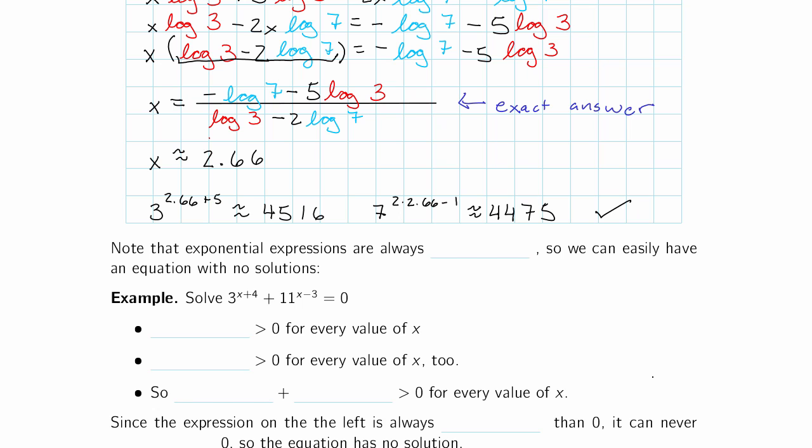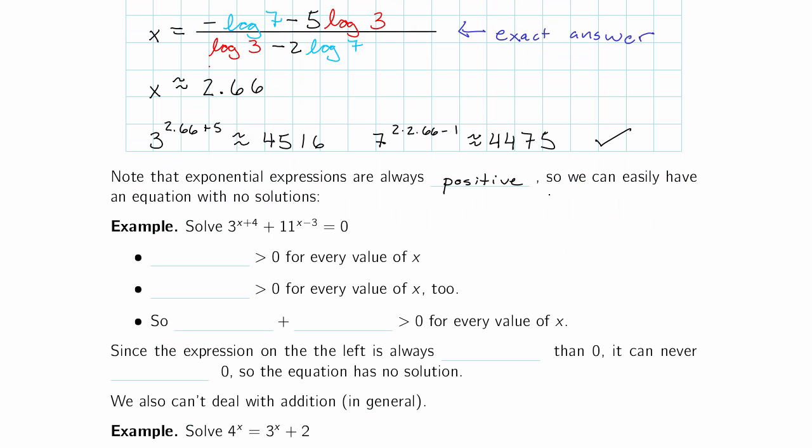For one thing, because exponential expressions are always positive, it's very, very easy to get an equation with no solution. So here's an equation where I'm adding together two exponential expressions, and I want to get 0. But we know that this exponential expression is always positive, and this exponential expression is always positive.